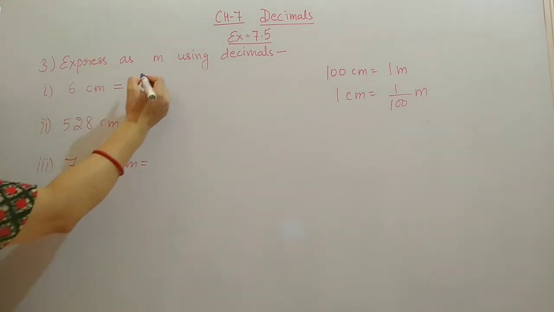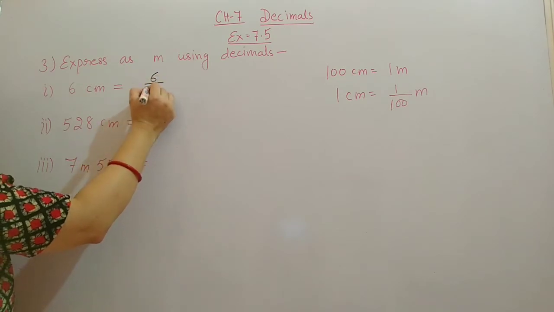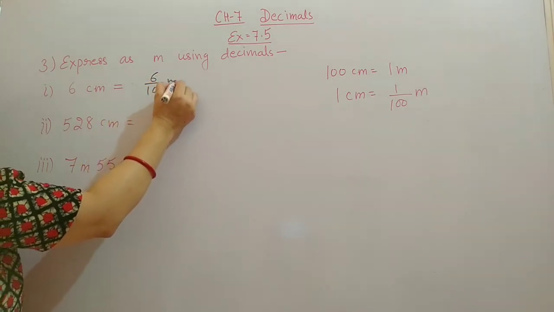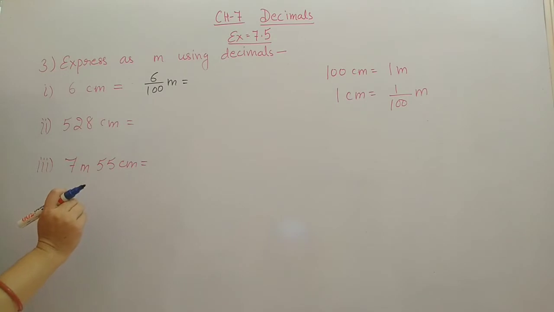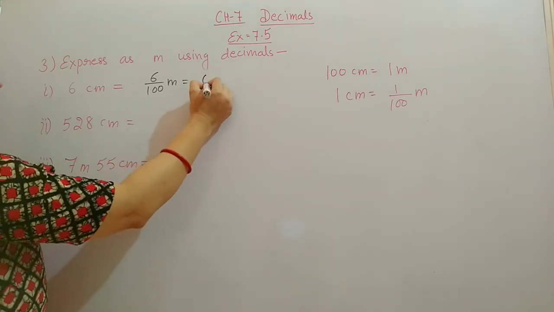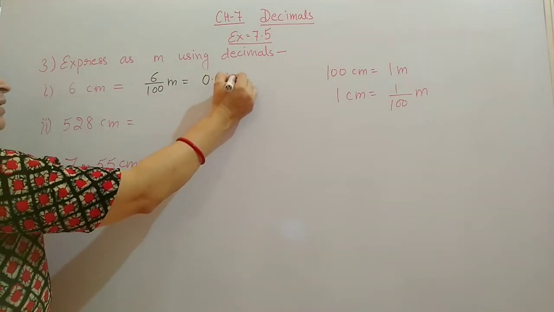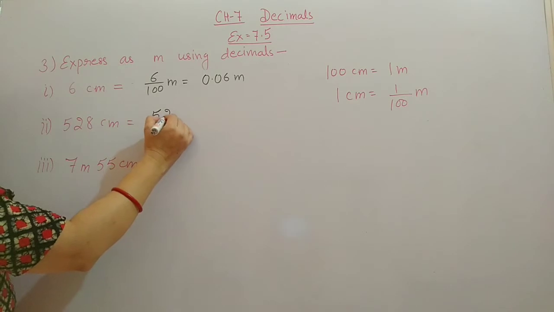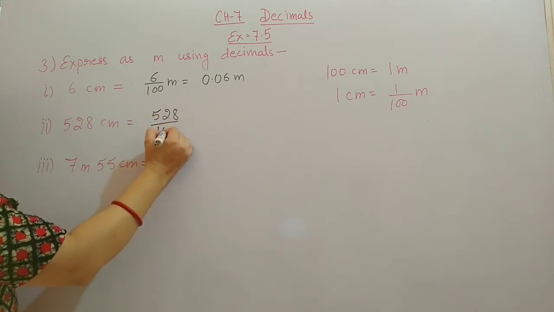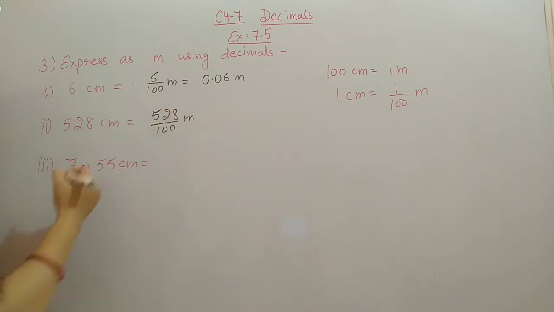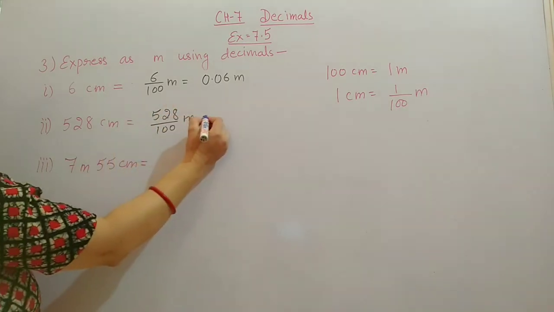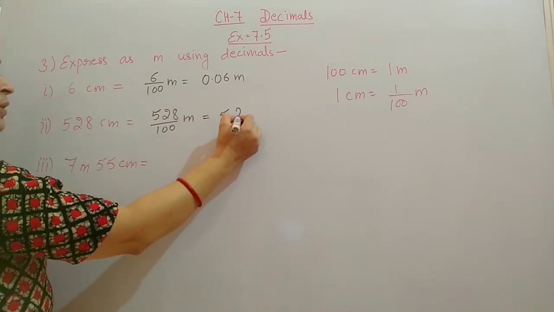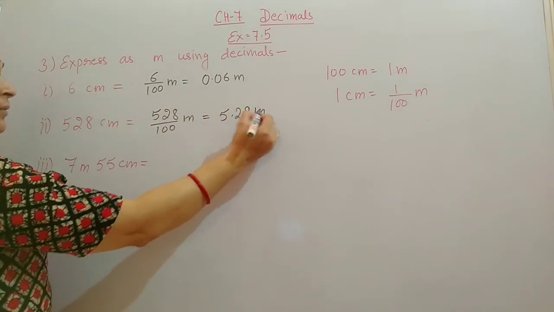First is 6 centimeter. So 6 divided by 100 meter. Dividing by 100 means 2 decimal places, so it will become 0.06 meter. Second one, 528 centimeter. So 528 divided by 100. Dividing by 100 again gives 2 decimal places, 5.28 meter.